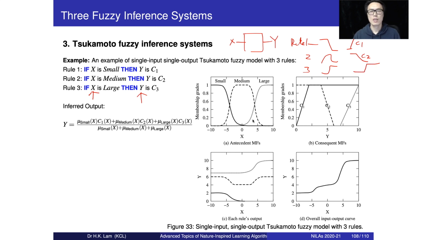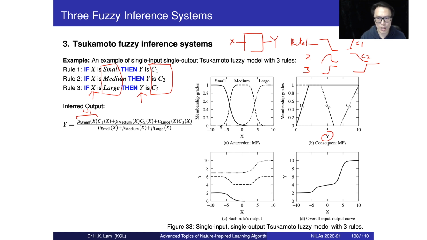Yeah, so for convenience, we put all the membership functions in one figure, and this is for small, medium, and large, and this one is for c1, c2, c3. Now after we have the rules, we perform defuzzification, that is mu small x times c1, which is exactly the same as w1, because we only have one rule.